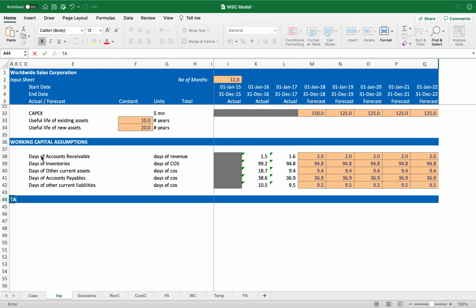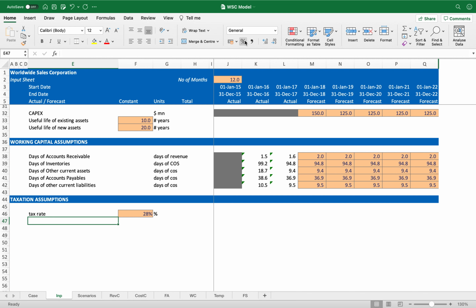The tax rate is given to be 28%, and the temporary timing difference is given to be $40 million.